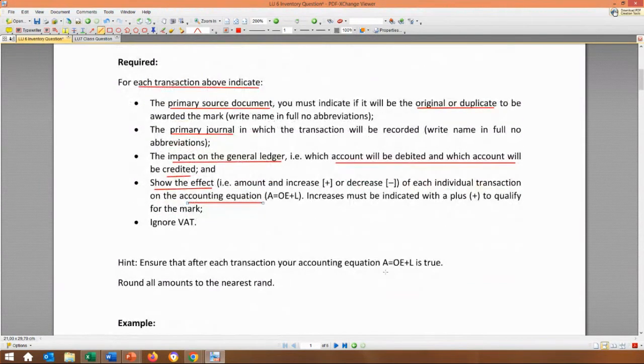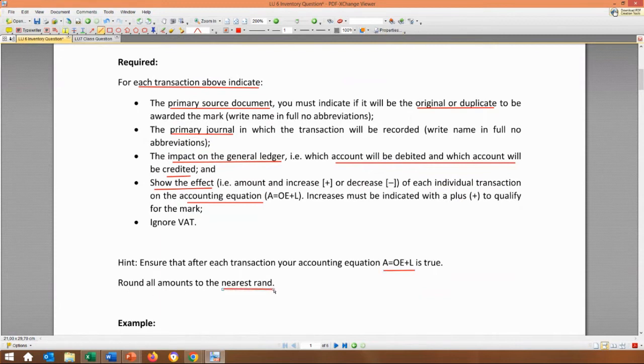Okay, and then they gave you a little hint to say assets equals owner's equity plus liabilities. Now, the reason they give you that hint is to help you balance your accounting equation and to make sure that what you have on the one side equals the other side, to know that you are balancing. And then they specifically say round all amounts to the nearest rand.